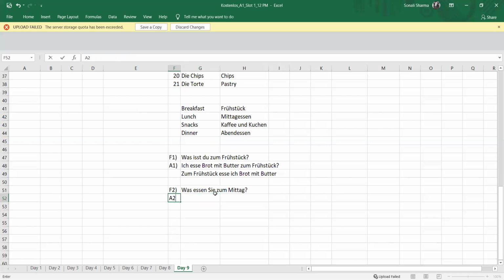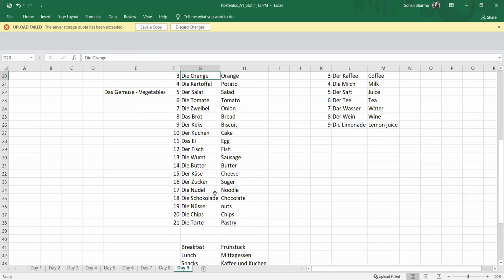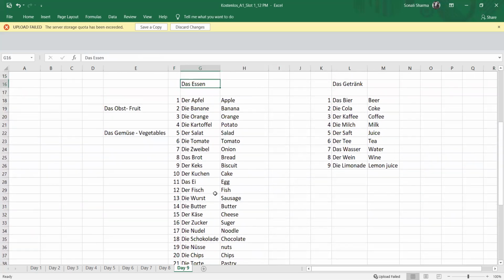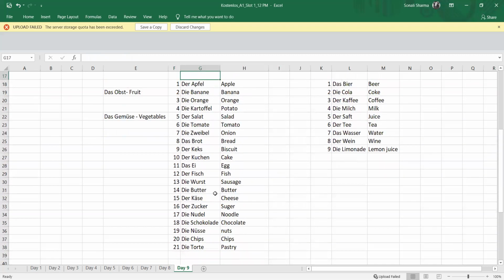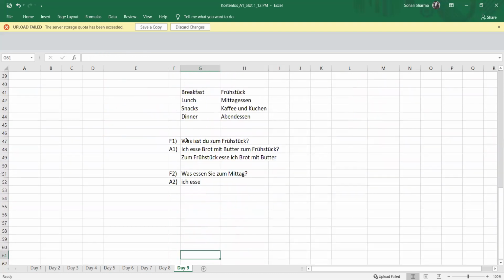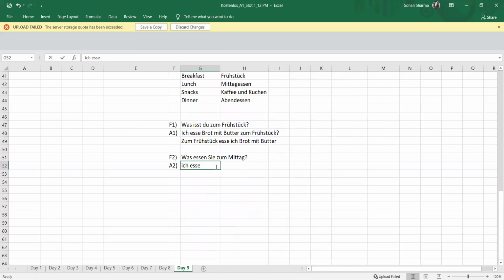So here my answer can be ich esse. What can I eat? If I eat vegetables, we can straight away write down Gemüse. Like in India, we generally eat roti and sabzi. So we can use here ich esse Fladenbrot.